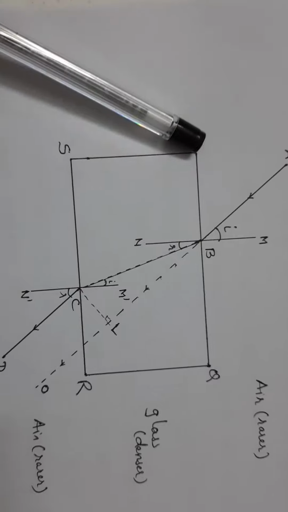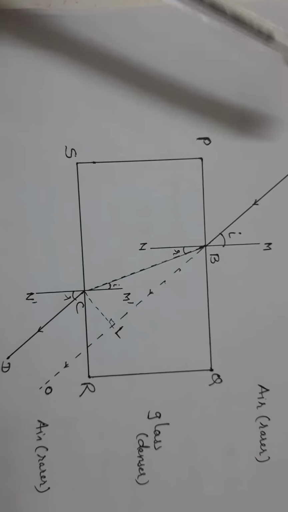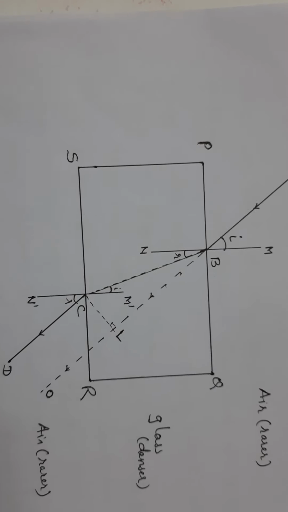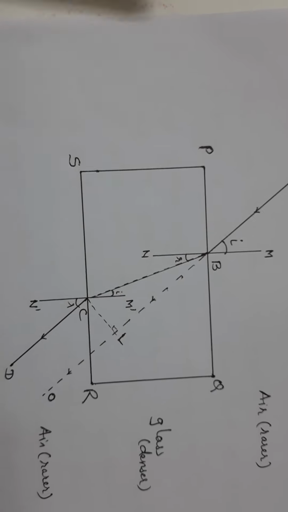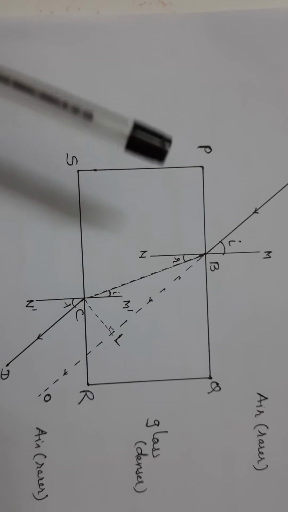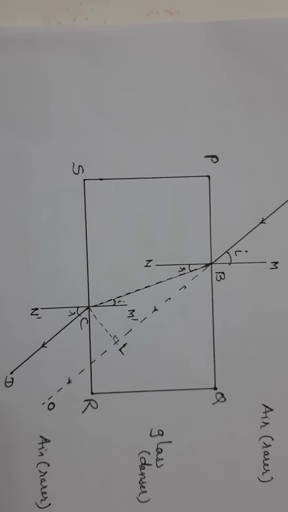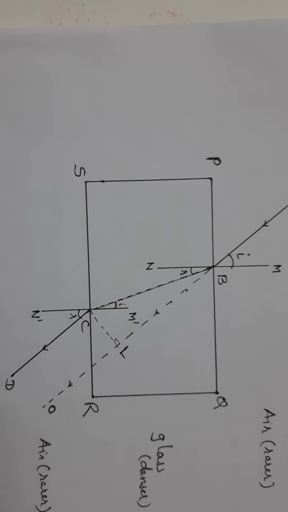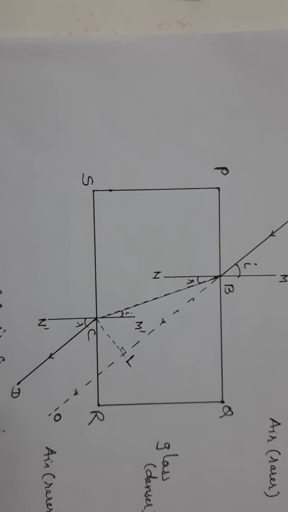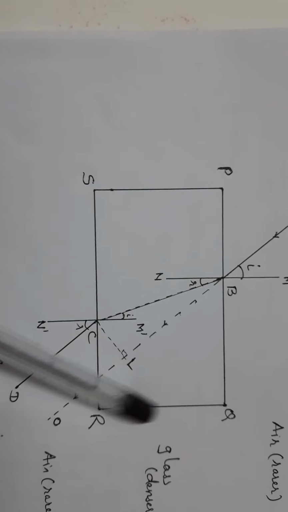PQRS, that is the glass slab, AB is the incident ray, BC is the refracted ray, and CD is the emergent ray. Now what is done in this? You take a drawing board, affix a drawing paper on it, and place a glass slab on that paper. After placing the glass slab, you outline its boundary PQRS.